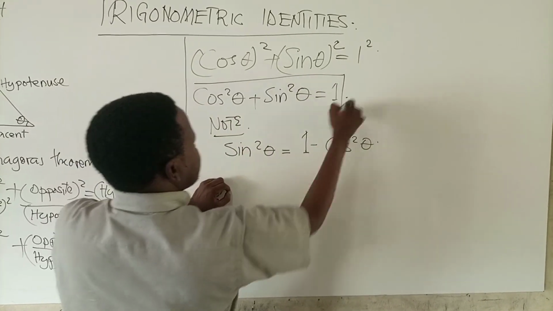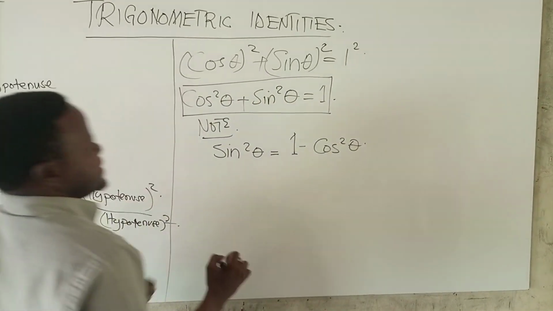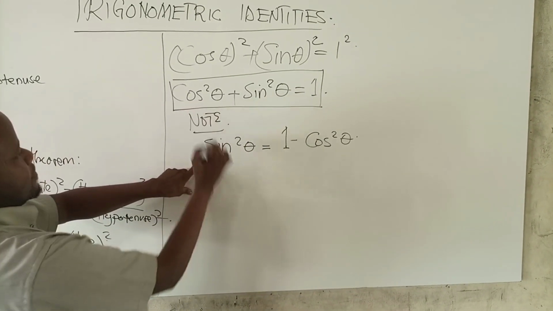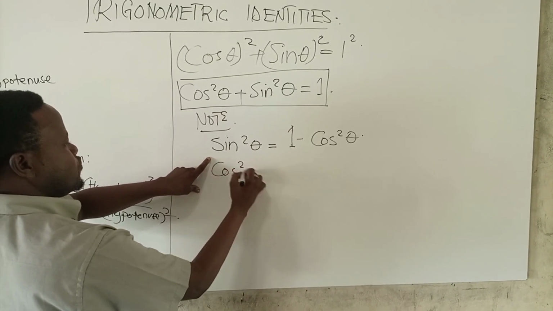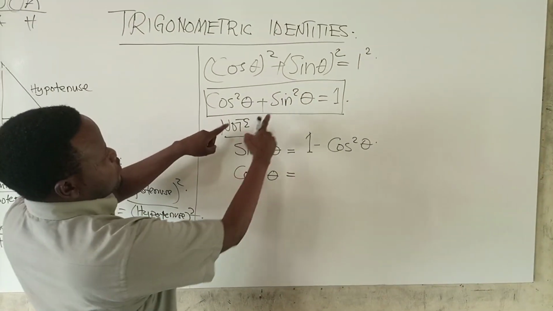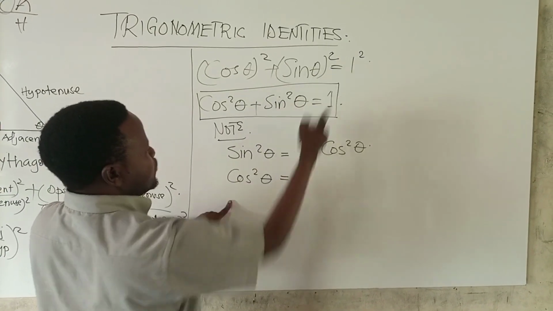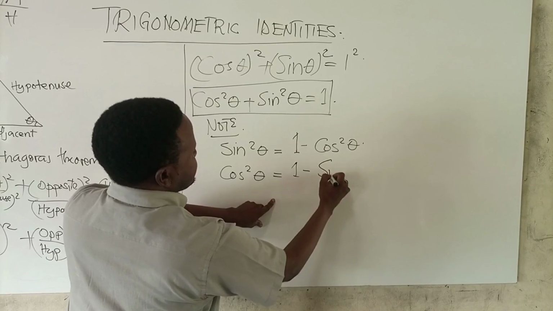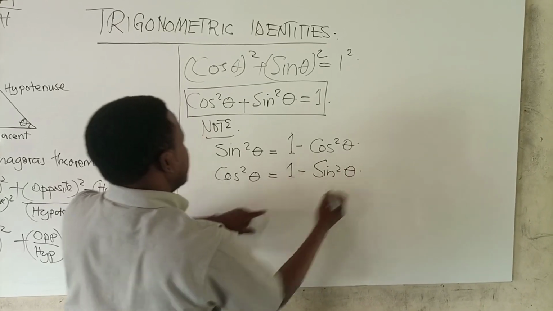So this is our identity number 1. Again, cos square theta is equal to, sine will move to the other side, so there will be 1 minus sine square theta.